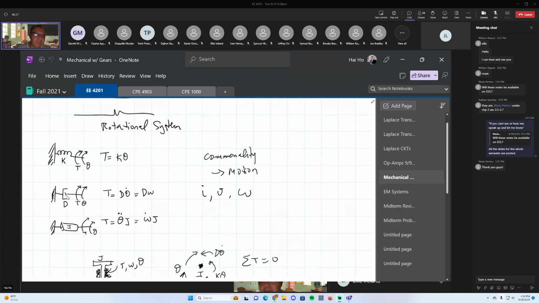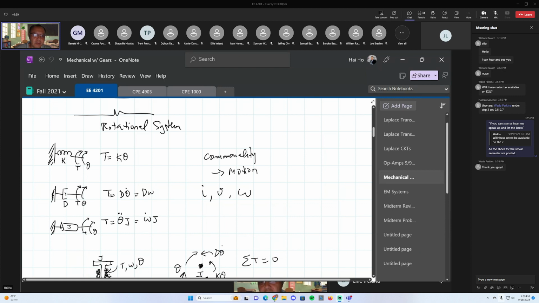Therefore, the torque required to establish higher velocity is going to require a proportional amount of torque, proportional by the amount of what we call D, capital D here, which is, think of it as, the friction coefficient. Okay, so torque is equal to D times theta dot, or D times omega. Omega is velocity, angular velocity.